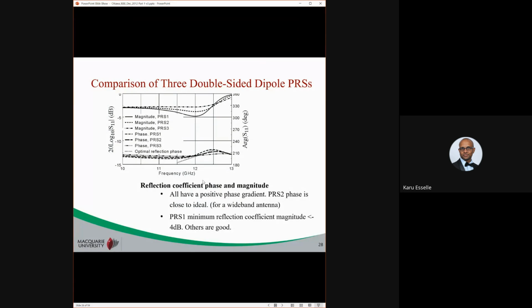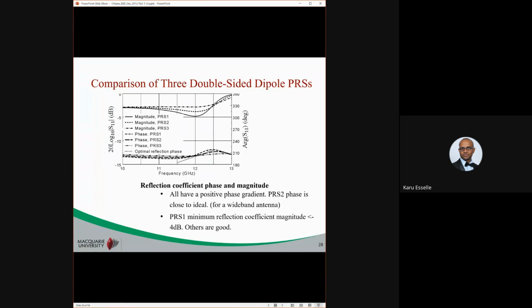So this kind of antennas can be designed to have wideband or dual band characteristics, because the phase of the reflection coefficient increases with frequency. It has a positive phase gradient.